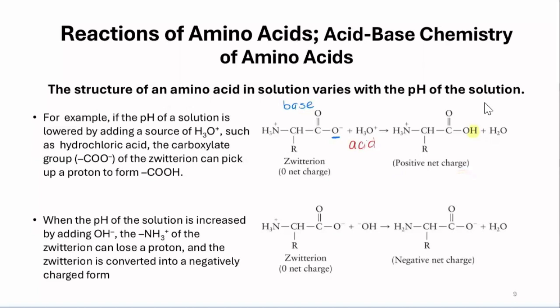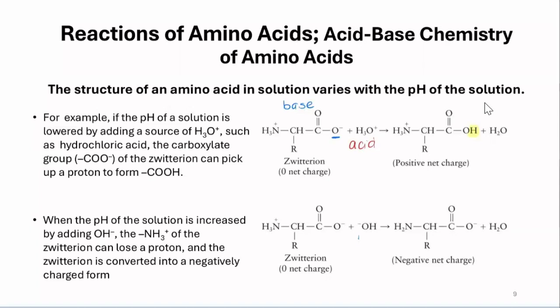What will happen if instead of acidic, we are under basic conditions? Let's say that now we have a pH that has increased, and now you have OH, meaning hydroxide, in your solution.